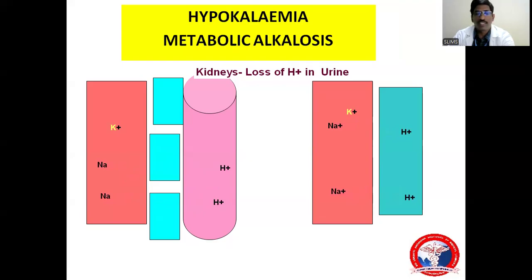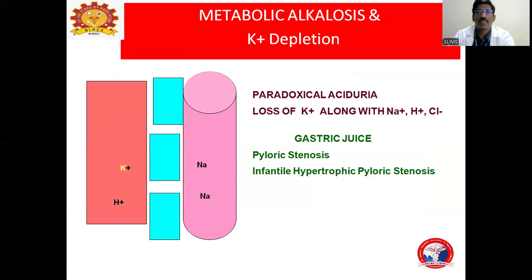On the contrary, hypokalemia can cause metabolic alkalosis. So both are occurring at the same level. Either of one, they can lead to the other. This is a special situation where there is paradoxical aciduria.